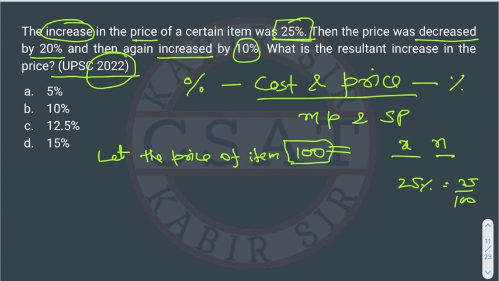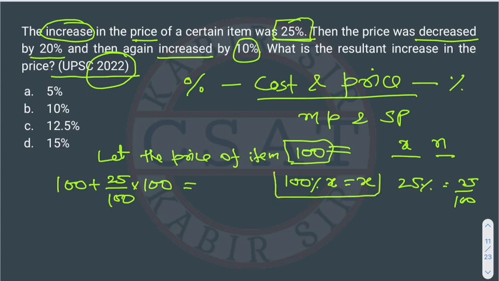Okay, so initially the price got increased by 25%. So in the unitary method we can write that initially it was 100 and then it got increased by 25%, right? Or we can directly say 100%. In percentage there is one more concept: 100% of some number, suppose x, is x, right?